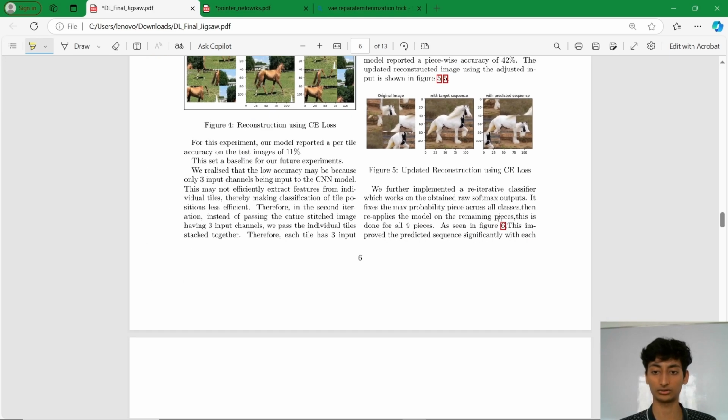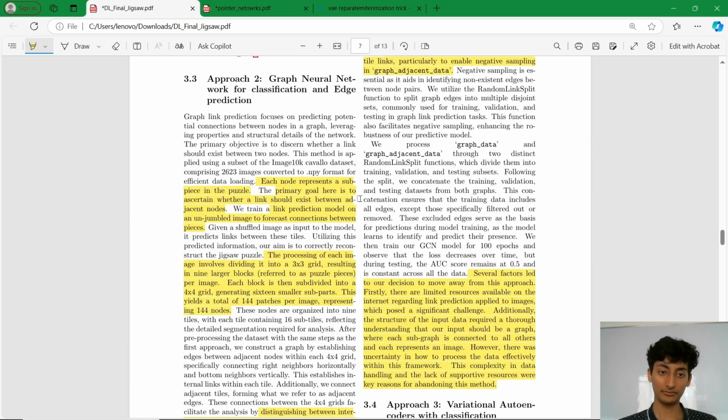So in the graph neural network approach, I just summarize that each node represented a sub-piece in the puzzle. The primary goal here is to ascertain where a link should exist between adjacent nodes, and we train a link prediction model on unjumbled images to forecast connections between the pieces.